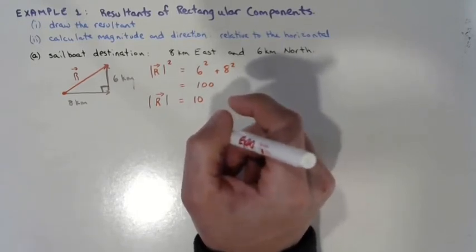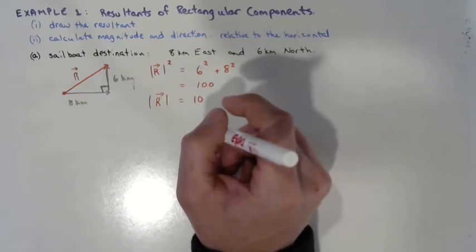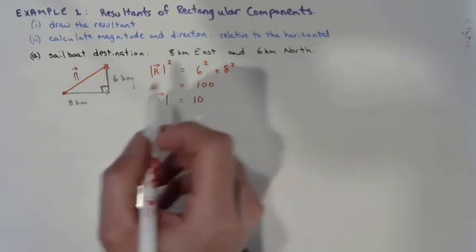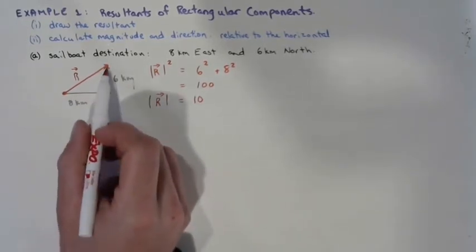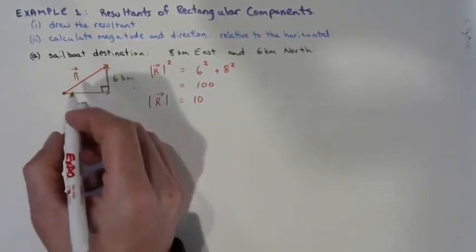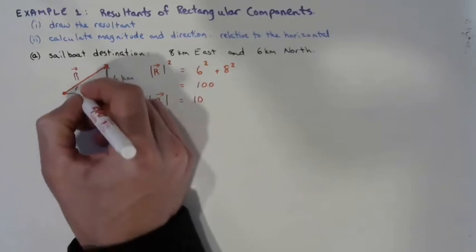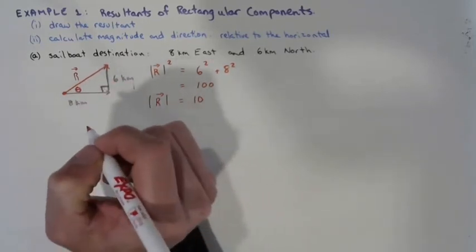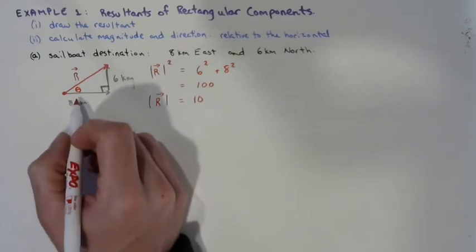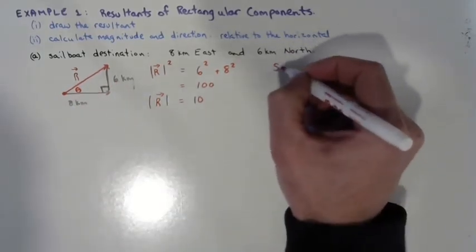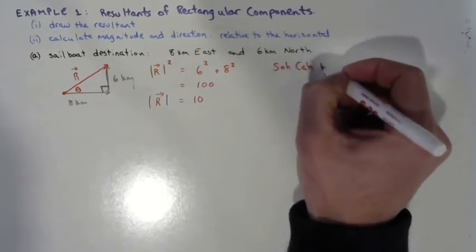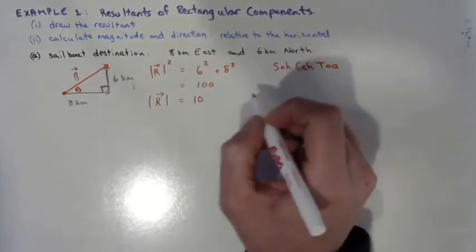Now as far as its direction with respect to the horizontal, I'm just going to calculate the angle that the sailboat makes with the direction east. The resultant, we're going to end up calculating this angle over here. We'll call that angle theta. We have opposite and adjacent. I'm just using SOHCAHTOA here, reach back into your trig toolbox.